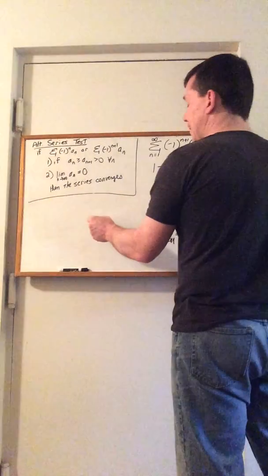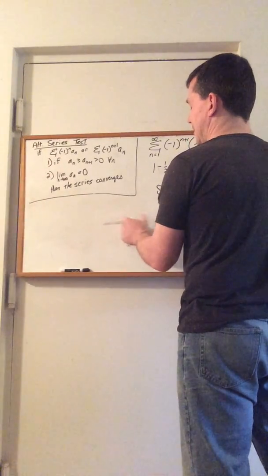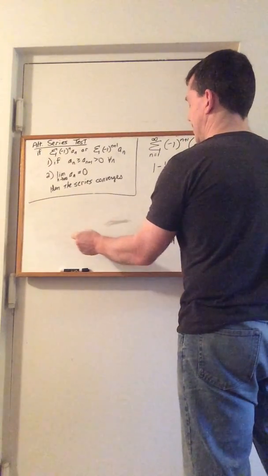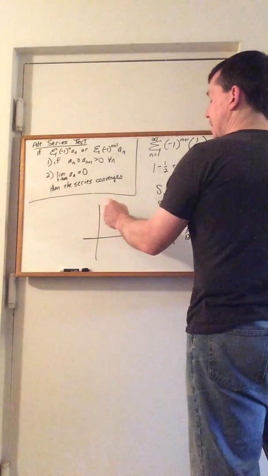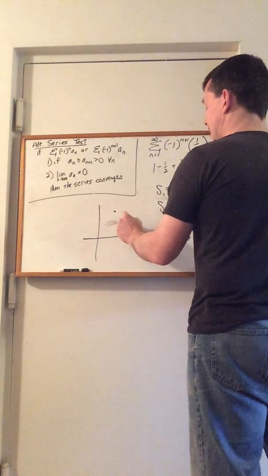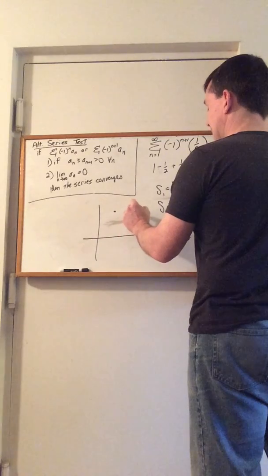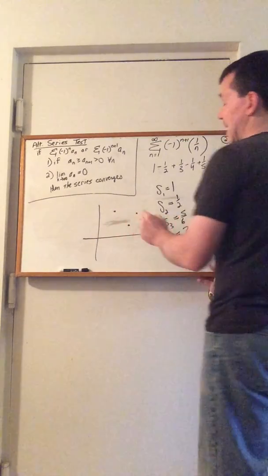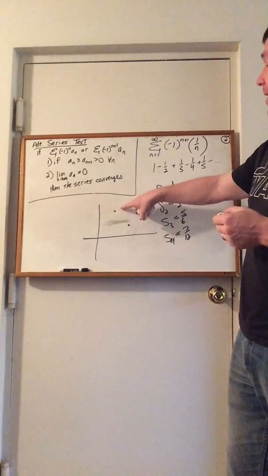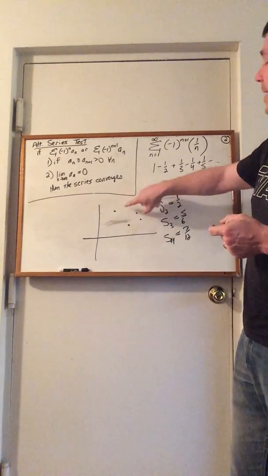But if we think about it graphically, if I just plotted these sums out, s sub 1 is 1, s sub 2 is a half, s sub 3 is 5/6, s sub 4 is 7/12. And I can kind of see a pattern here. I go down and up, down and up, down and up.